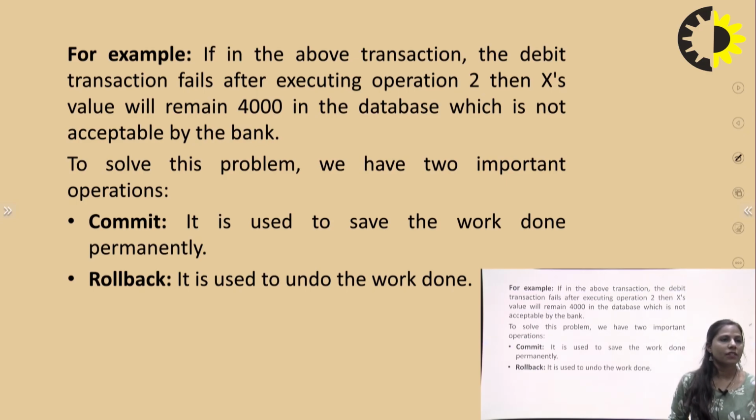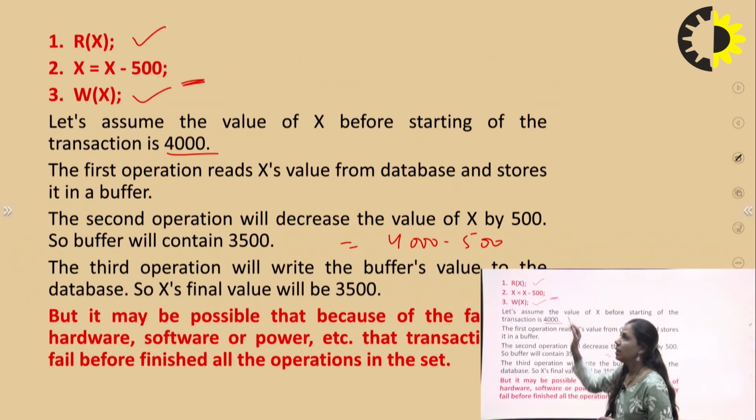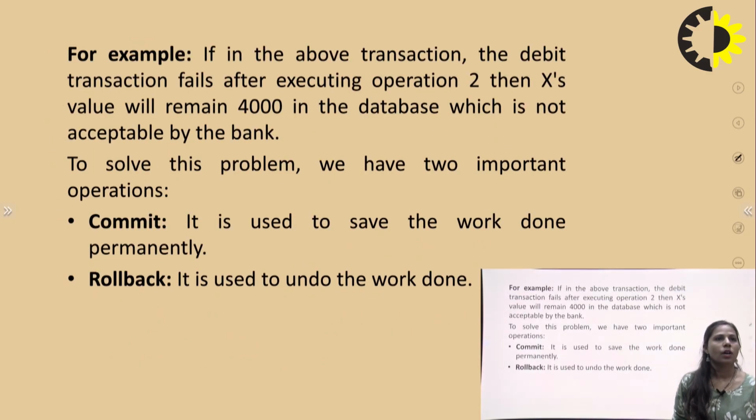For example, in the last example, suppose the debit transaction fails after executing the second operation. Then the x value will remain 4,000 only, which will not be acceptable to the bank. To solve this problem, we have the two operations, commit and rollback.